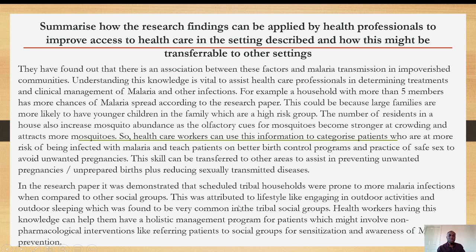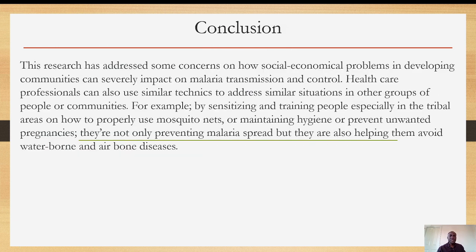In the research, it was also demonstrated that sheltered tribal houses are prone to more malaria infections when compared with other social groups, which is attributed to lifestyle. So health workers can still help these people through management programs for patients, which might involve non-pharmacological interventions like referring patients and sensitization, teaching them awareness and prevention, especially in tribal areas, on how to properly use mosquito nets, maintain hygiene, and prevent unwanted pregnancies.